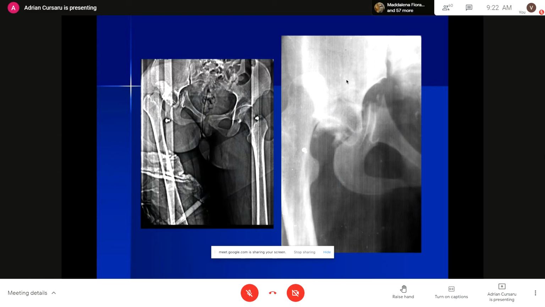That is a case of a patient with a traumatic injury, a car accident, that has a complete fracture with displacement of the hip. We have a hip dislocation. What is abnormal with our pelvis? Could anybody tell me what is abnormal?